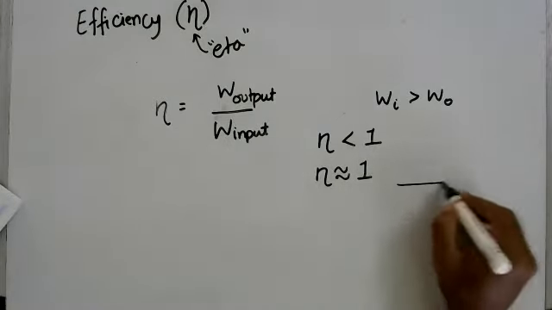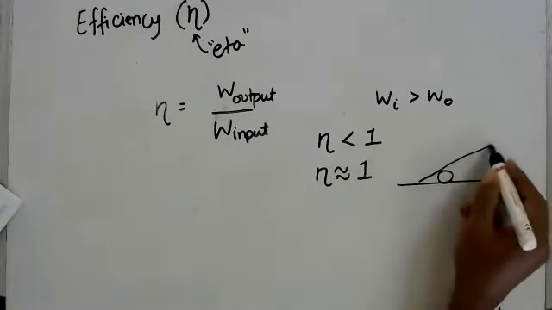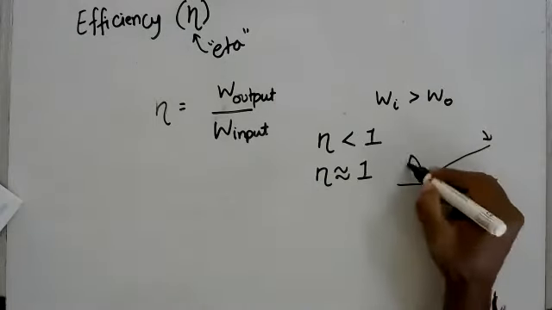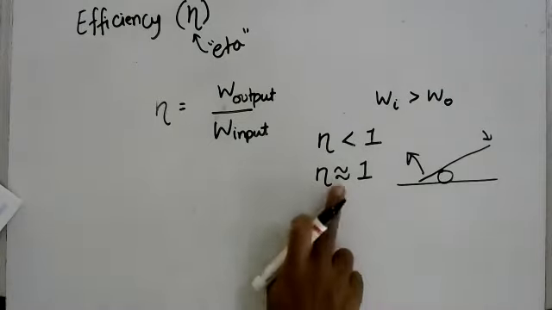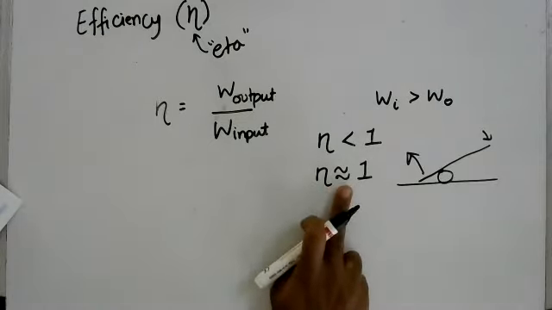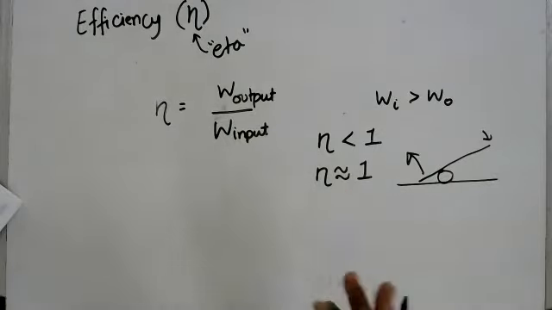Like again, if you take the example of a lever, you apply effort and load comes out over there. The only friction is friction that occurs between the fulcrum and the crowbar. So therefore that you can say is a very little amount of frictional loss that takes place. So you can say in these kinds of situation there is almost zero loss and efficiency can be pretty close to 1.